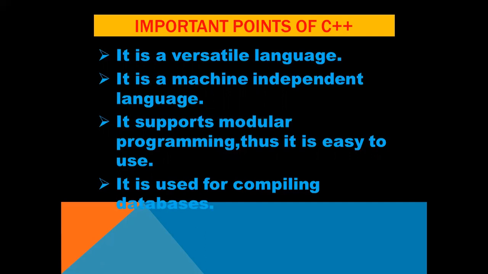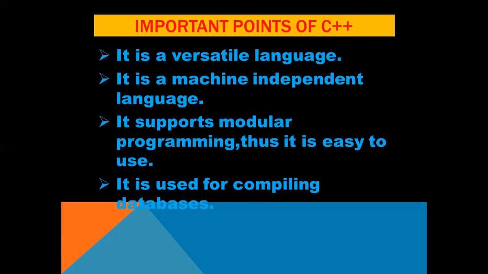It can handle large programs very easily to meet the growing software requirements, right? It is a programming language. With the help of C++, we can write many programs, and many large programs can be written with the help of C++. That is a growing demand for the software, right?